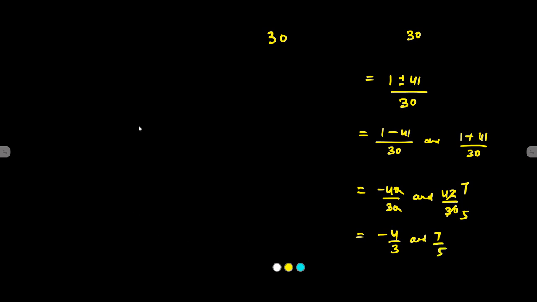So the two roots of the quadratic equation are, one is minus 4 by 3 and the other one is equal to 7 by 5. These are the two roots of the quadratic equation.